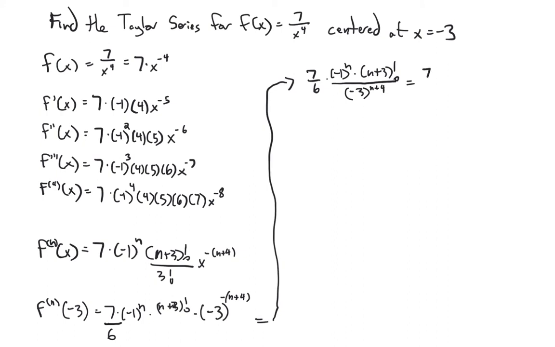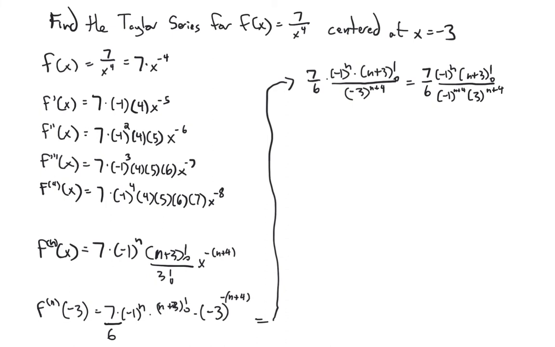My thought is I want to take out this negative 1 to the n plus 4 in here and cancel it with as much of these negative 1s as I can. So this is going to be 7/6 times negative 1 to the n times n plus 3 factorial over negative 1 to the n plus 4 times 3 to the n plus 4.